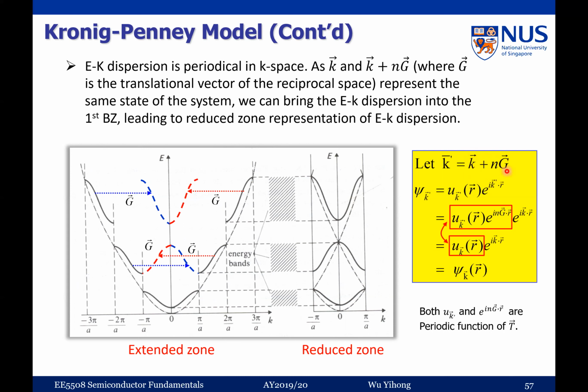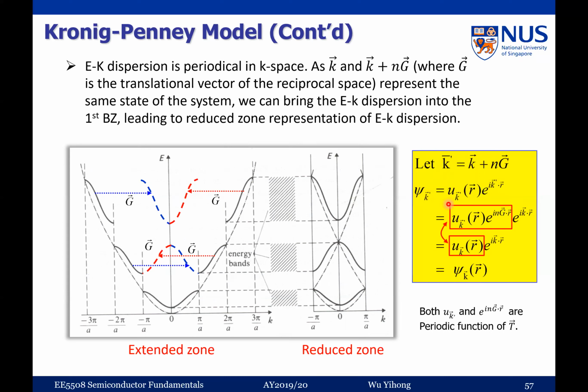G is the fundamental translational vector of the reciprocal lattice, and N is an integer. Of course, this will be a K point at the nth Brillouin zone, and we can define this as a K prime.